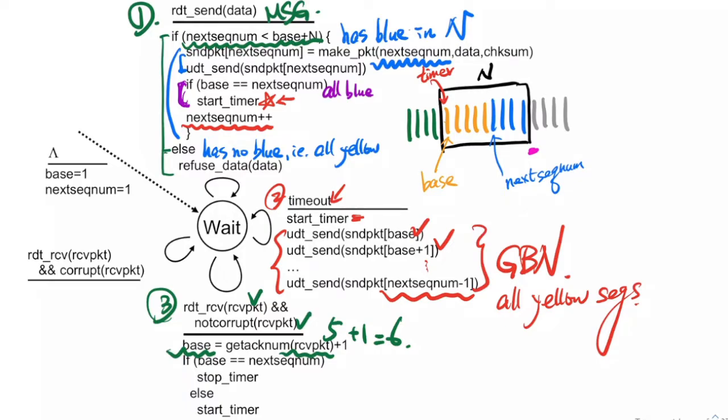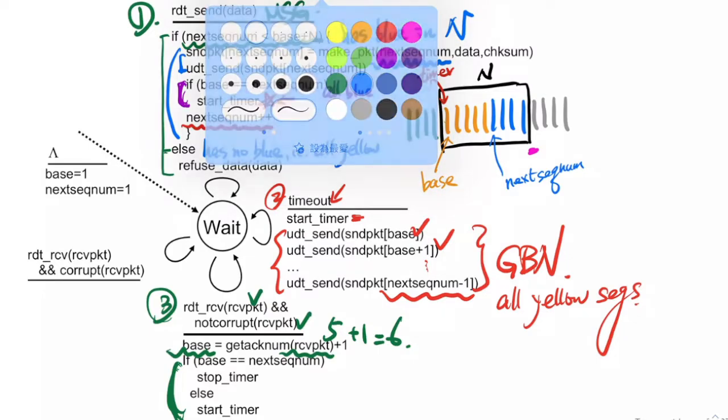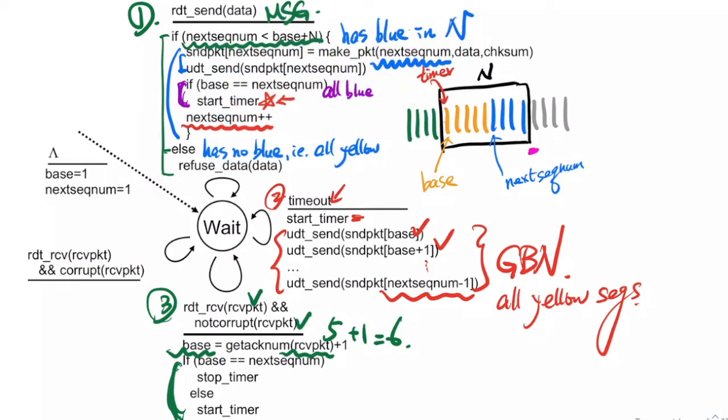Okay, so right here again, if base equals the next sequence number, that means, the upper one means no yellow. No yellow means all blue, right?